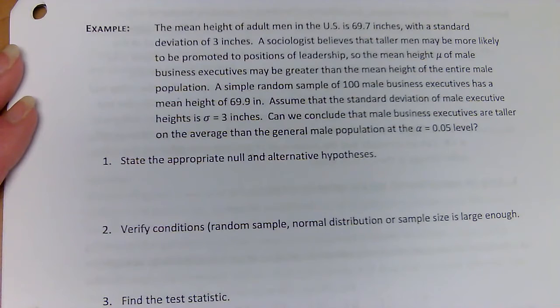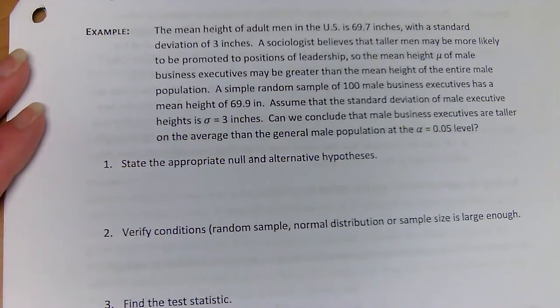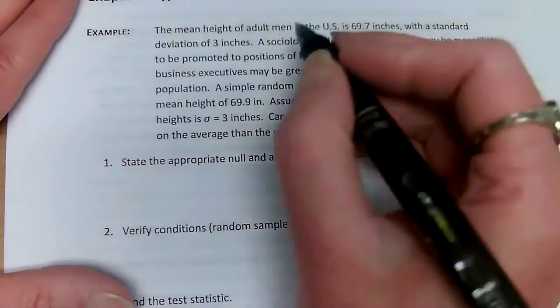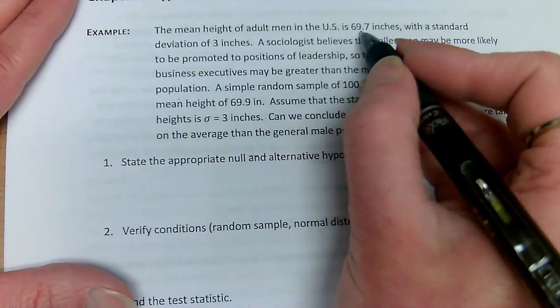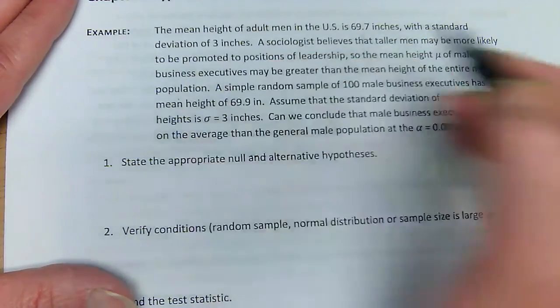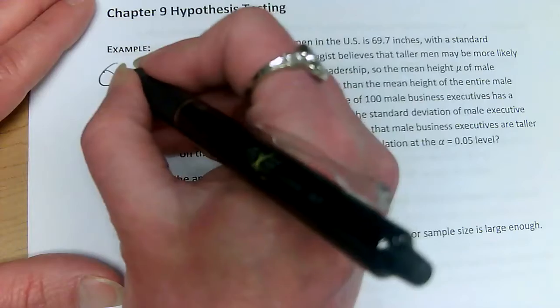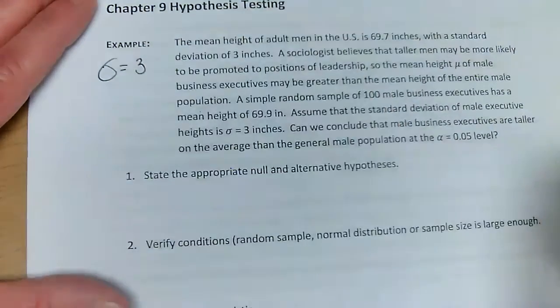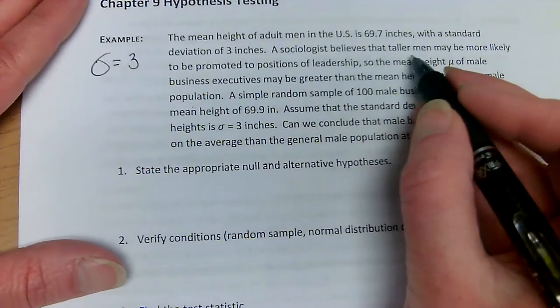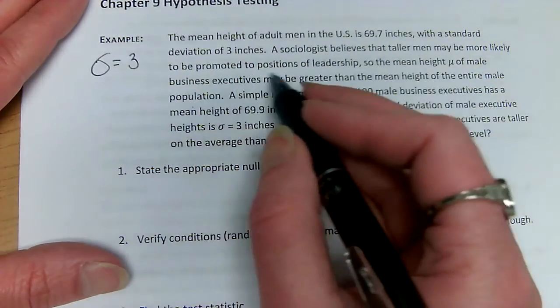The next one is about a mean height of adult men in the US is 69.7 with a standard deviation of 3. This is giving me population information. So it's giving me the population standard deviation of 3. A sociologist believes that taller men may be more likely to be promoted.